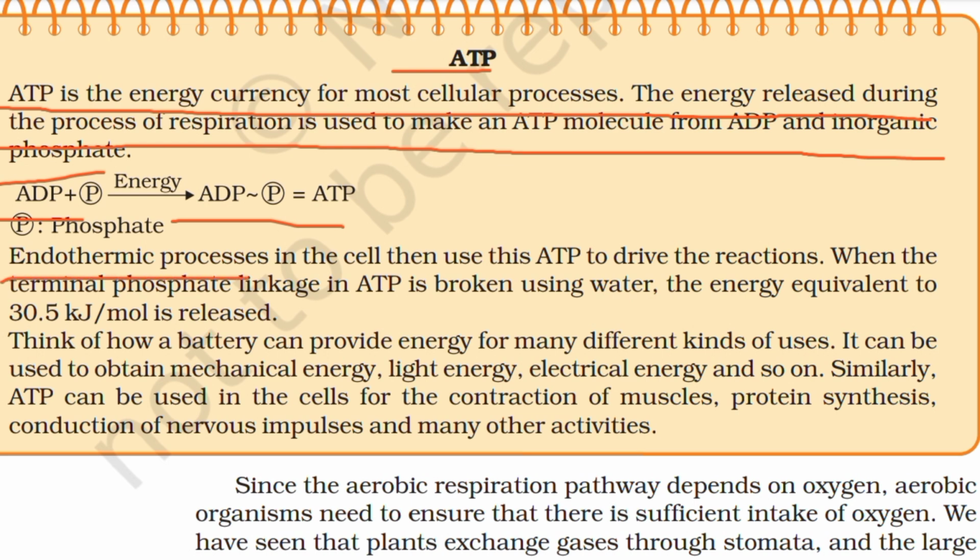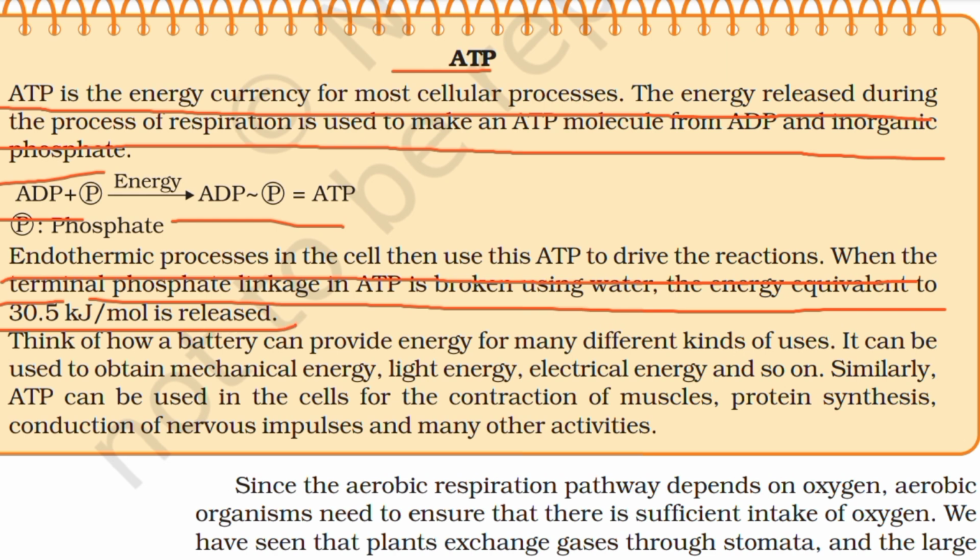Endothermic processes in the cell then use this ATP to drive the reaction when the terminal phosphate linkage in ATP is broken using water. The energy equivalent to 30.5 kJ/mole is released.